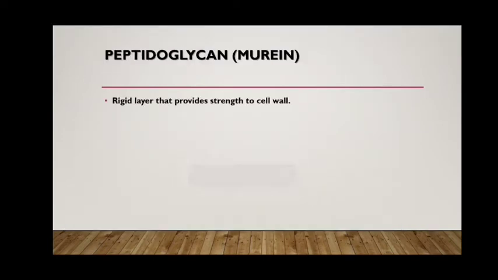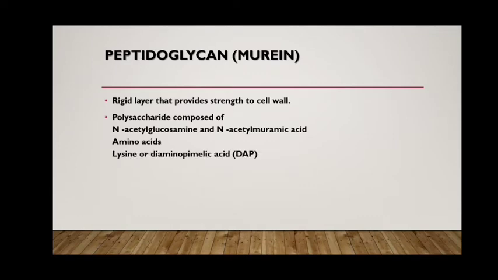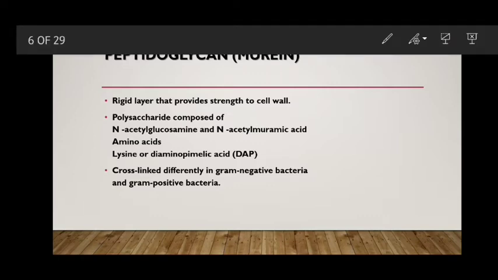Now moving on to peptidoglycan structure. Peptidoglycan is an enormous mesh-like polymer composed of identical subunits. The polymer contains two sugar derivatives, N-acetyl glucosamine and N-acetyl muramic acid, which in short are known as NAG and NAM.